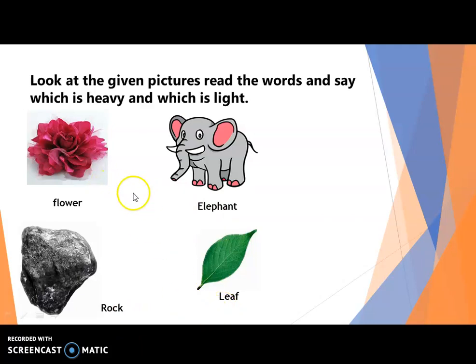The flower and the elephant, which is heavy and which is light? Yes, flower is light and elephant is heavy. Great job. Rock and leaf. We can say that rock is heavy and leaf is light. So that is heavy and light.